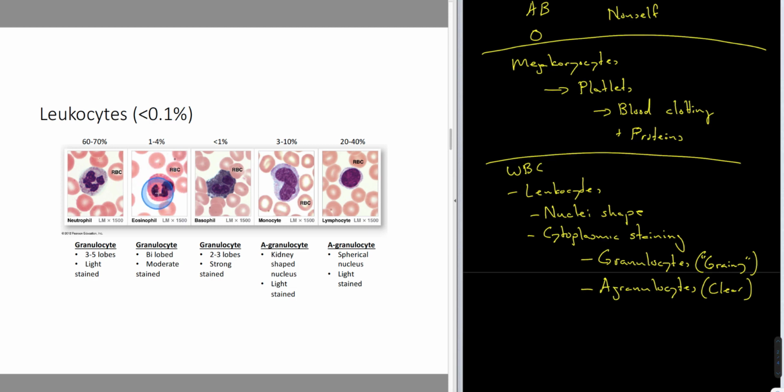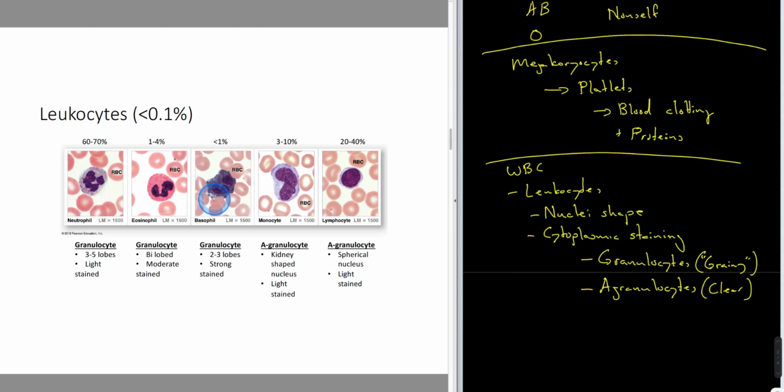Eosinophils usually are bilobed. There might be 2 or 3 lobes of the nuclei, but they have a very clear, distinct, pinkish, granular stain in the cytoplasm. And these granules are secreted via exocytosis and release things like histamines or antihistamines that work with inflammatory responses and what have you. So it just depends on what their functions are based off what they're secreting.